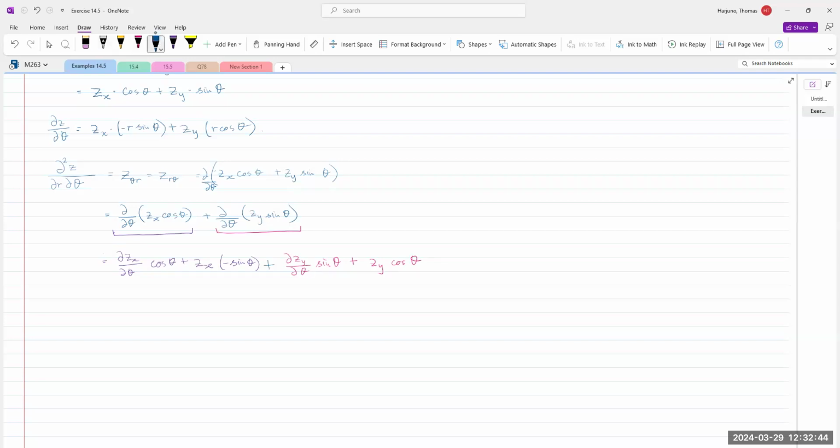Now, the difficult part is dou z sub x dou theta. What is that? Well, we're supposed to do the chain rule again.